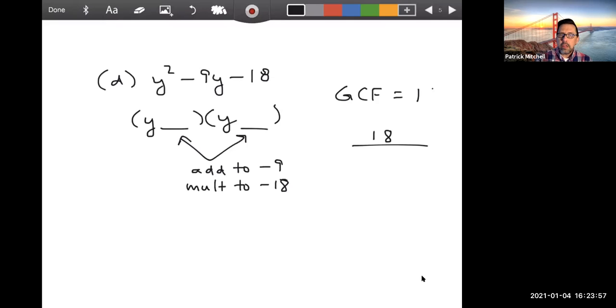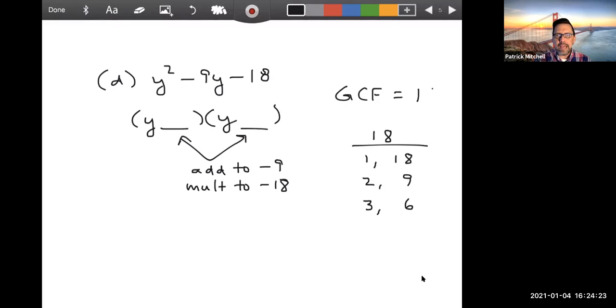Okay? So the pairs of numbers that I can think of that multiply to 18, not worrying about the signs just yet, are 1 and 18, 2 and 9, and 3 and 6. I don't think there are any others. Now you look at that 3 and that 6, and I did this on purpose. I own it. You look at that 3 and that 6, and you think, oh, that's how I get the -9.